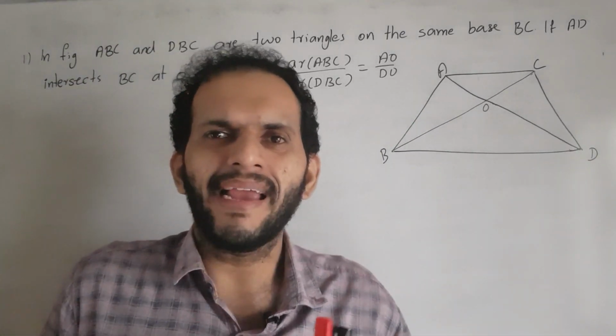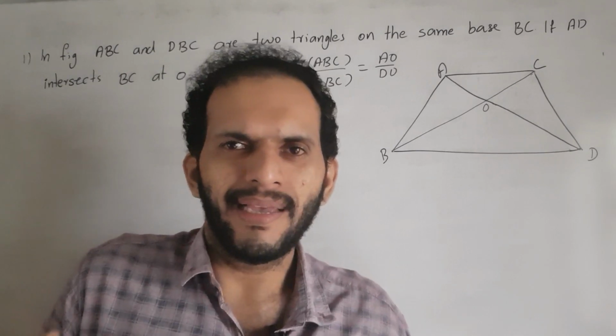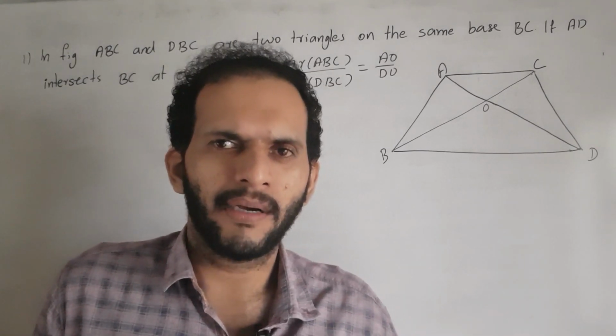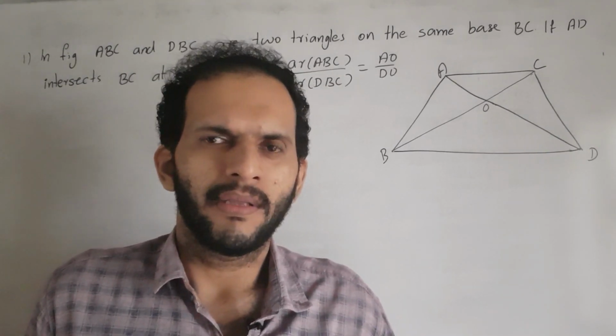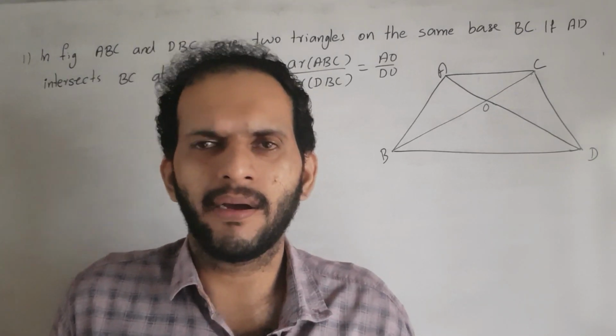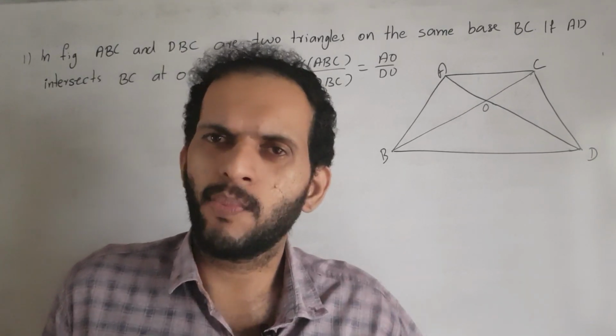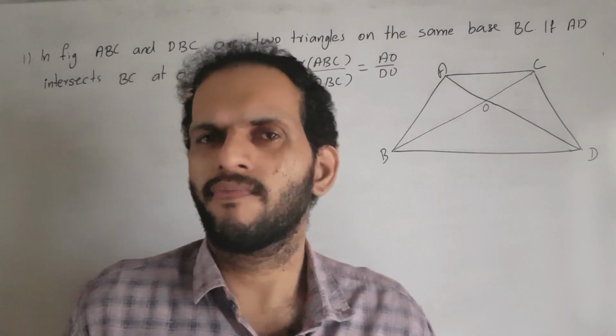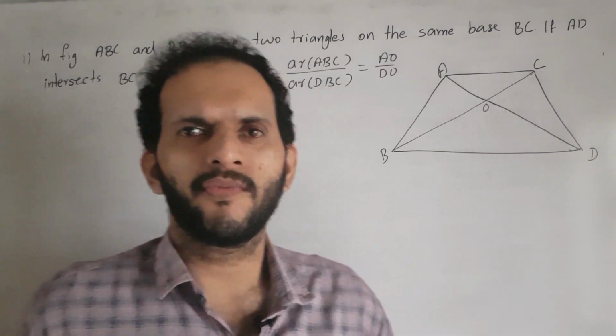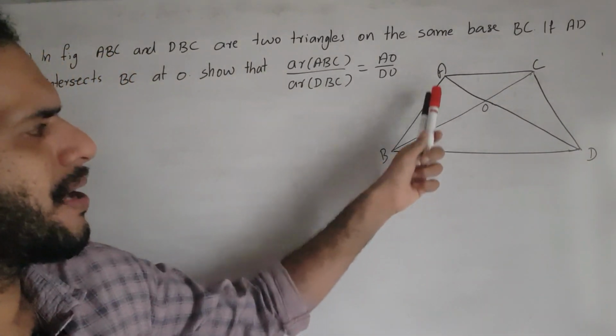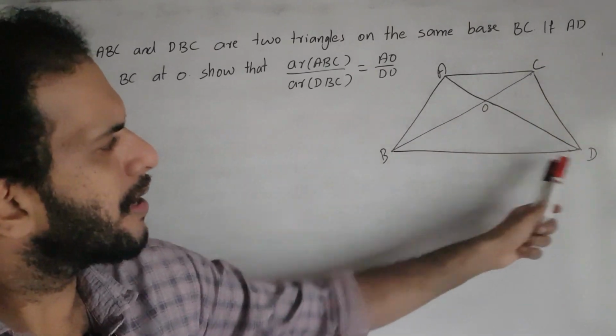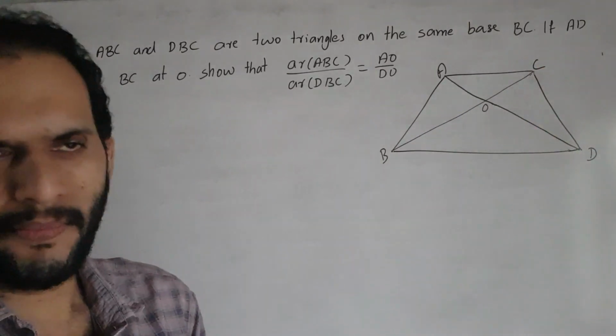Because the relation of areas of triangles and the corresponding sides is possible to apply only in the case of similar triangles. So what is our first aim? To prove triangle ABC and triangle DBC are similar.